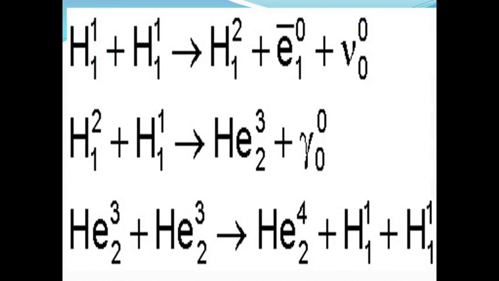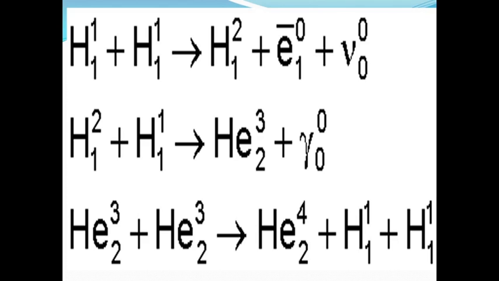This is the fusion reaction that takes place inside the sun and stars, where there are high temperatures and high pressures. See here, H11 plus H11 gives you H12 plus an electron plus its neutrino.